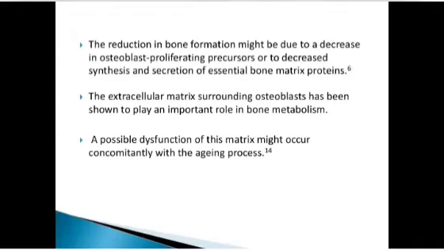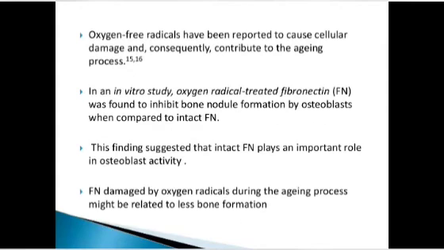The extracellular matrix surrounding osteoblasts has been shown to play an important role in bone metabolism. A possible dysfunction of this matrix might occur concomitantly with the aging process. Oxygen free radicals have been reported to cause cellular damage and consequently contribute to the aging process.